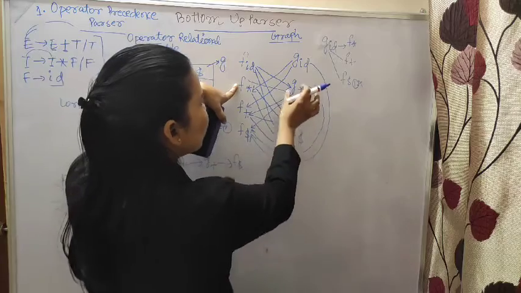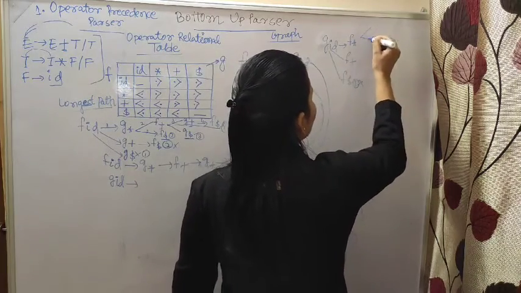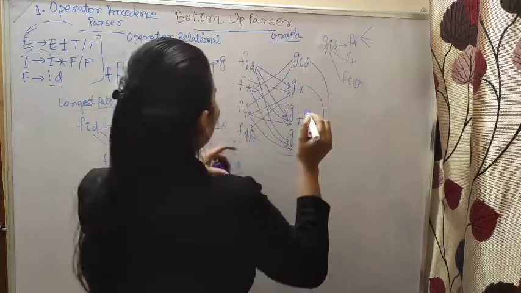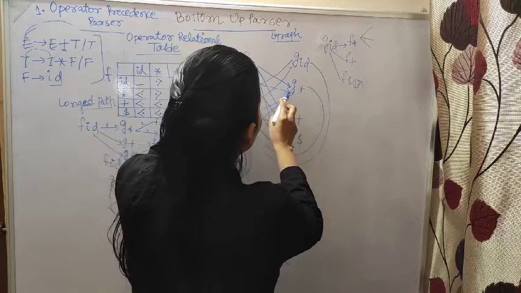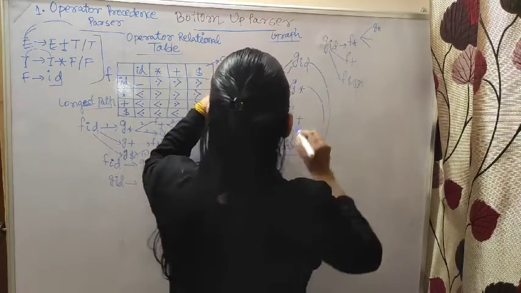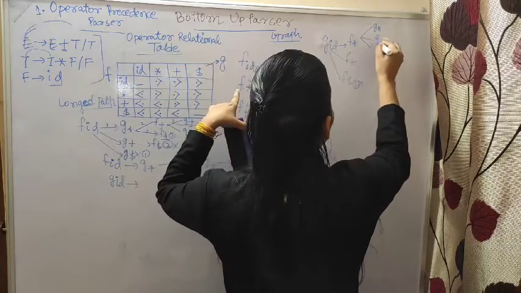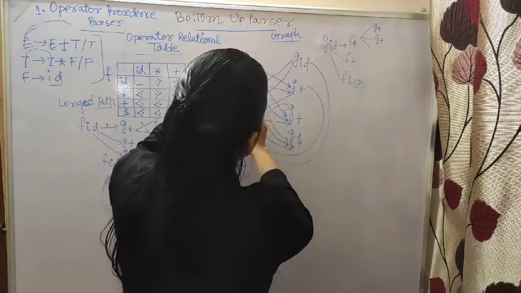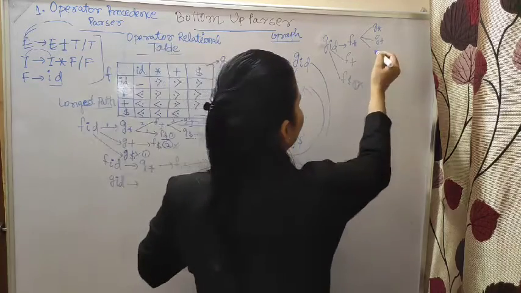That means F star also has 3 paths. One is F star going to G star, then F star going to G plus, and another one F star going to G dollar.